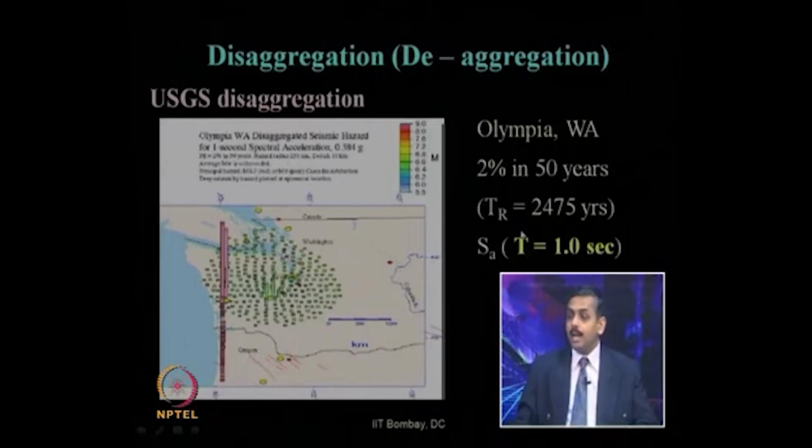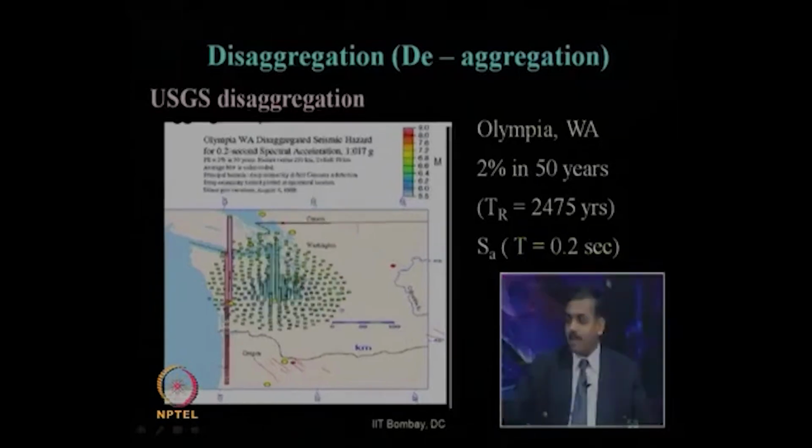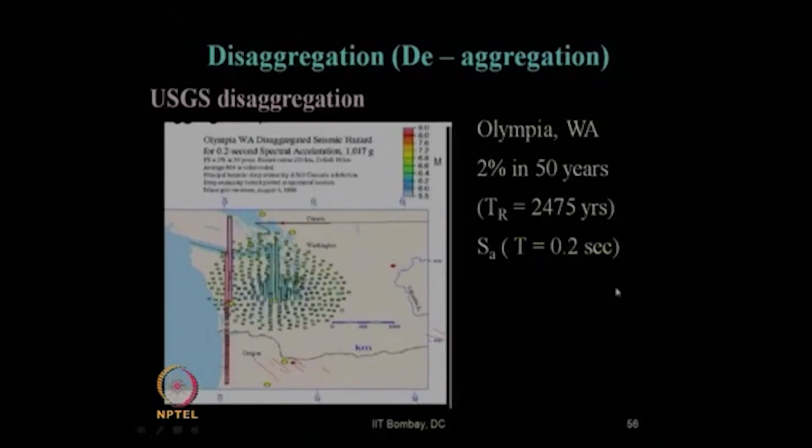Typically, T equals 1 second will denote a 10-story building, whereas T equals 0.2 seconds will denote just a 2-story building.